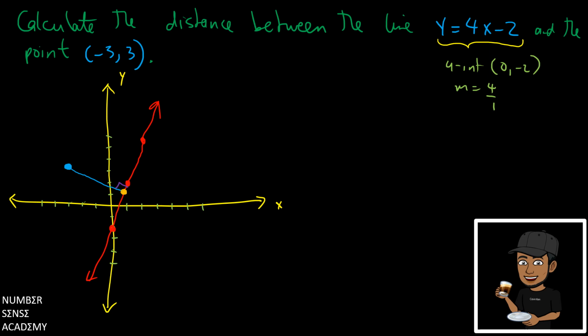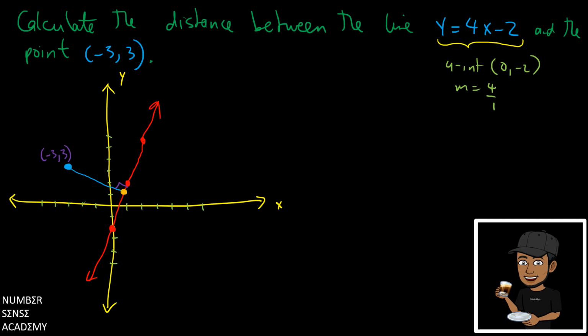Okay? So there's a couple things that we have to do to figure out the distance. So we know that this is already -3 and 3. What we need to figure out now, we have this point.